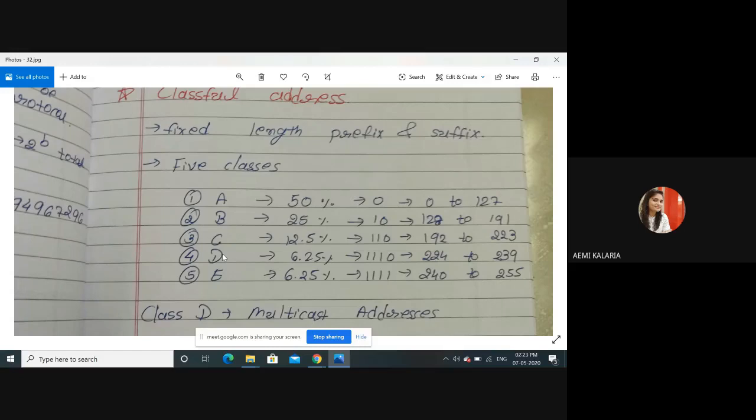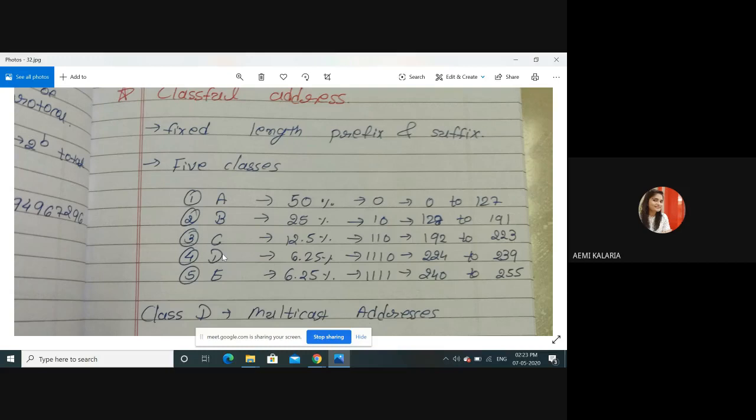To connect it with real life, let's say one radio station is there and so many listeners are there. An RJ is conveying something, and the same thing is heard by so many listeners. So if I want to distribute one packet to many other nodes, we call that multicasting.